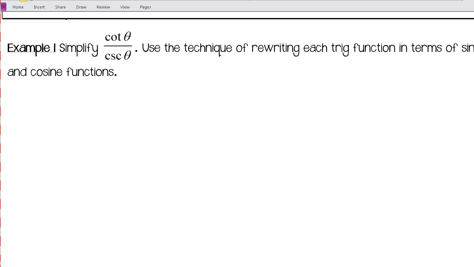And again, you've got to know your identities in order to be able to do this. So I've got cotangent theta over cosecant theta, and normally I like to work down, and you should get in the habit of working down as well. I know that cotangent, if I use my quotient identity, is equal to the cosine over the sine.